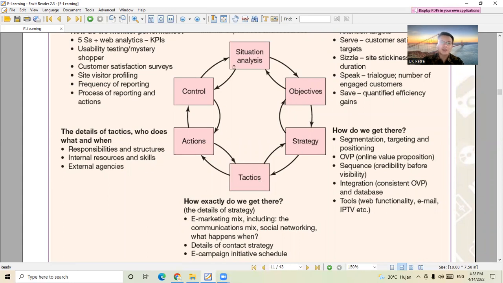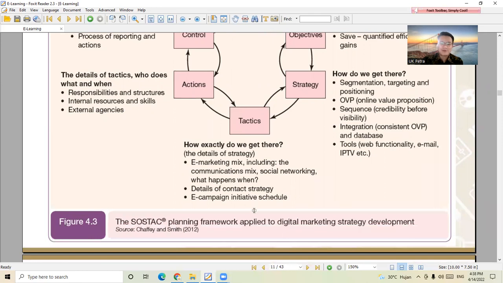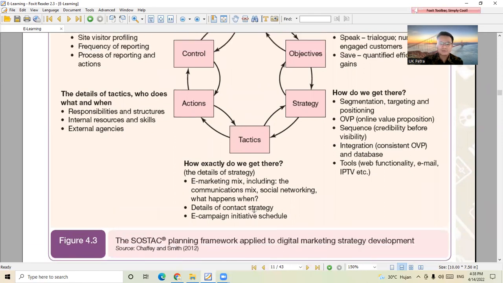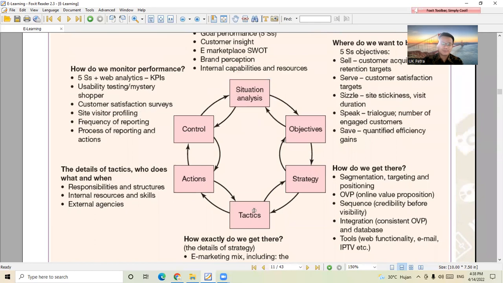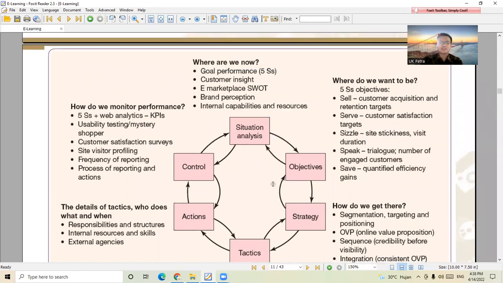So the SOSTAC planning framework is applied to digital marketing strategy development. It starts with the situation analysis. It answers the question where we are now, and there are several points included in the situation analysis. For example, the goal performance, the customer insights, the SWOT analysis, the perception of the brand from the customers, as well as the resources that the company has.